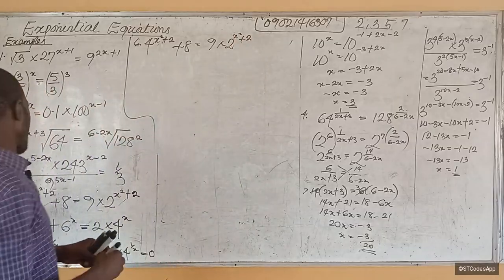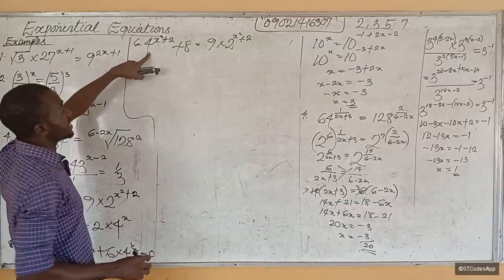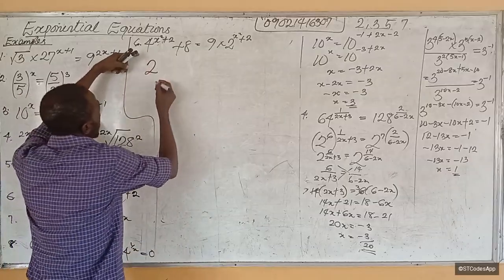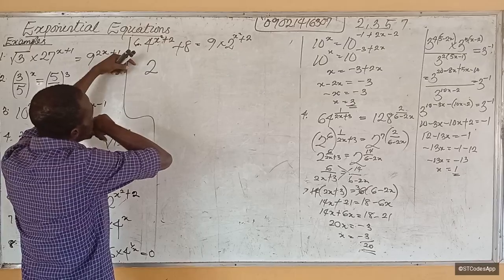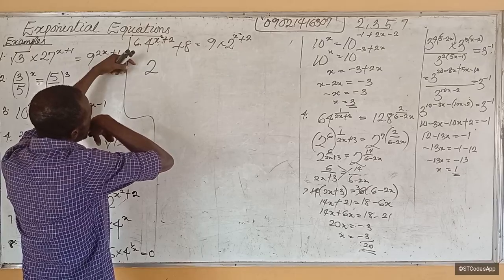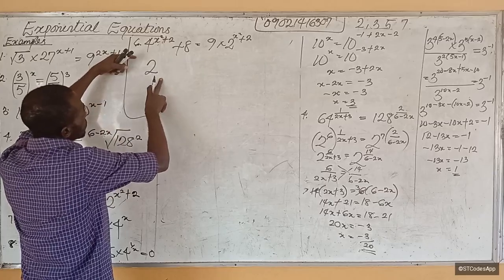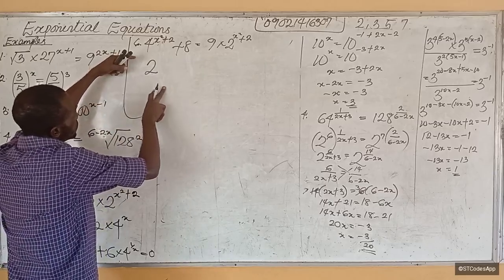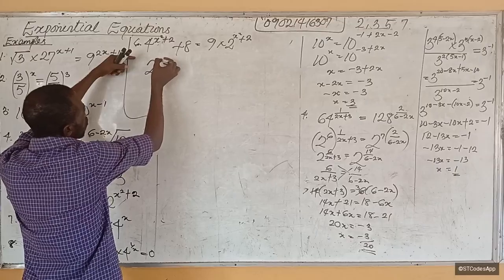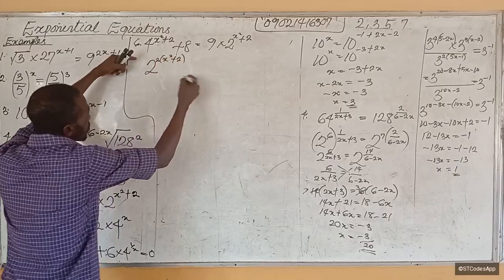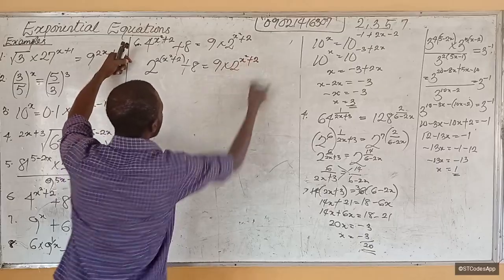Now let me show you something here. I can express this in terms of 2, that becomes 2 raised to power 2 into bracket x squared plus 2, then plus 8 is equal to 9 times 2 raised to power x squared plus 2.